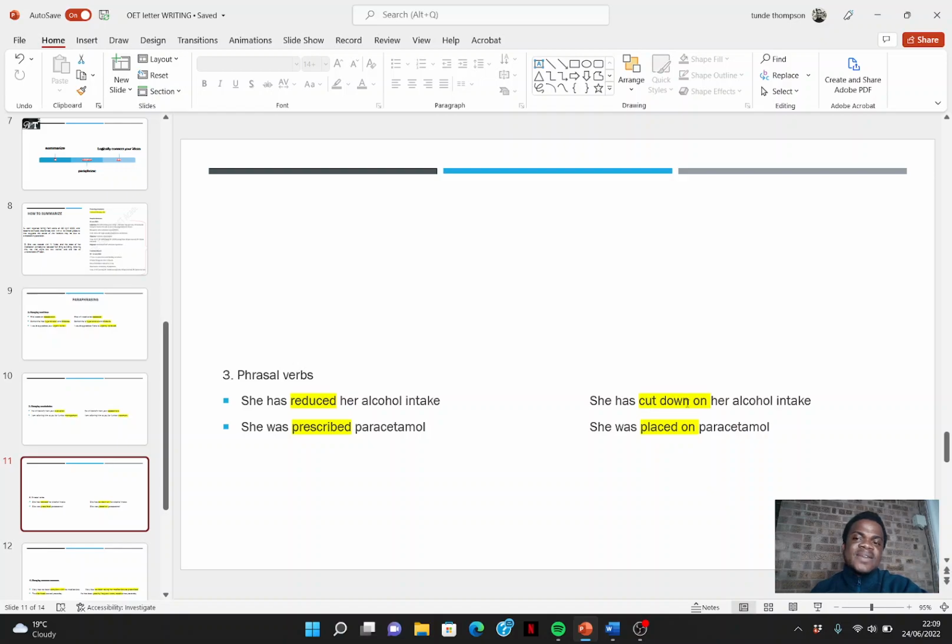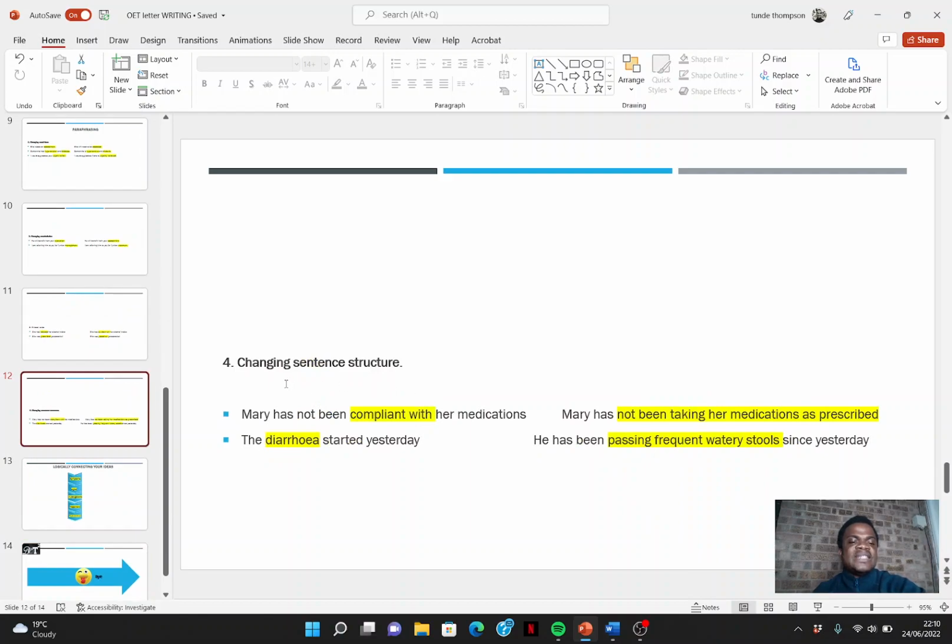In the next sentence or in the next paragraph, maybe I want to talk about the alcohol. Instead of saying she has reduced her alcohol intake, using that word reduced again, I can paraphrase this time around to she has cut down on her alcohol intake. She was prescribed paracetamol. Maybe I've used the word prescribed before. I can decide to use a phrasal verb this time. She was placed on paracetamol.